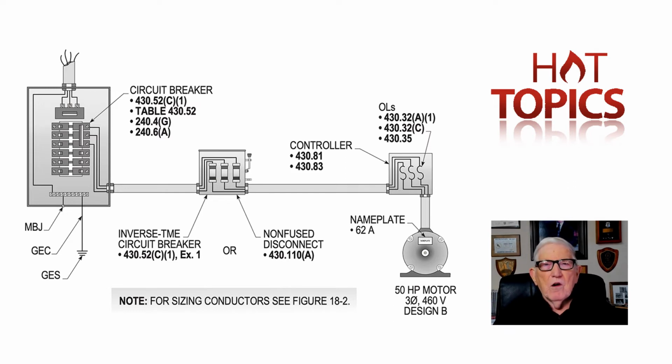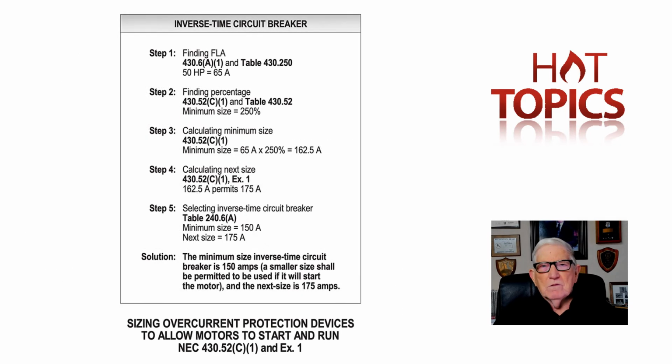Now, with that thought in mind, let's move now and look at the calculation to determine the inverse time circuit breaker. Step 1, finding the full load amps, 430.6A1 and table 430.250.